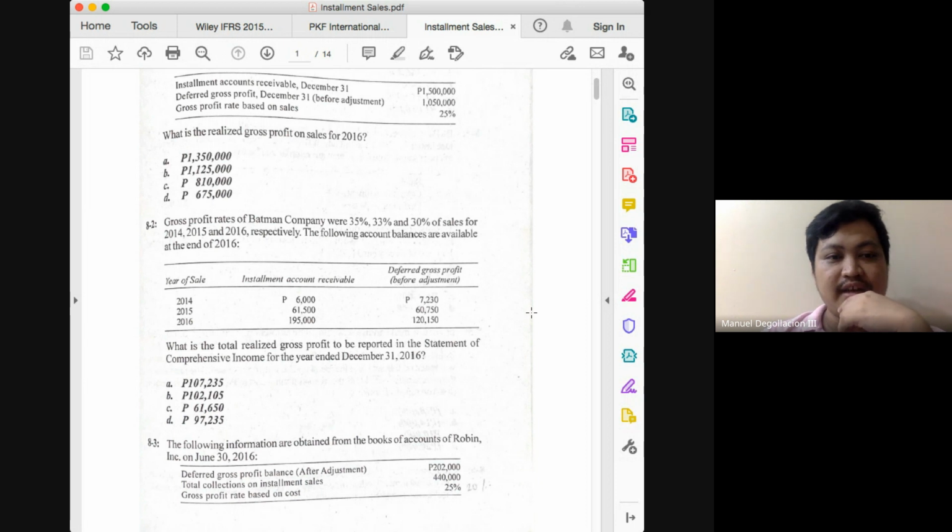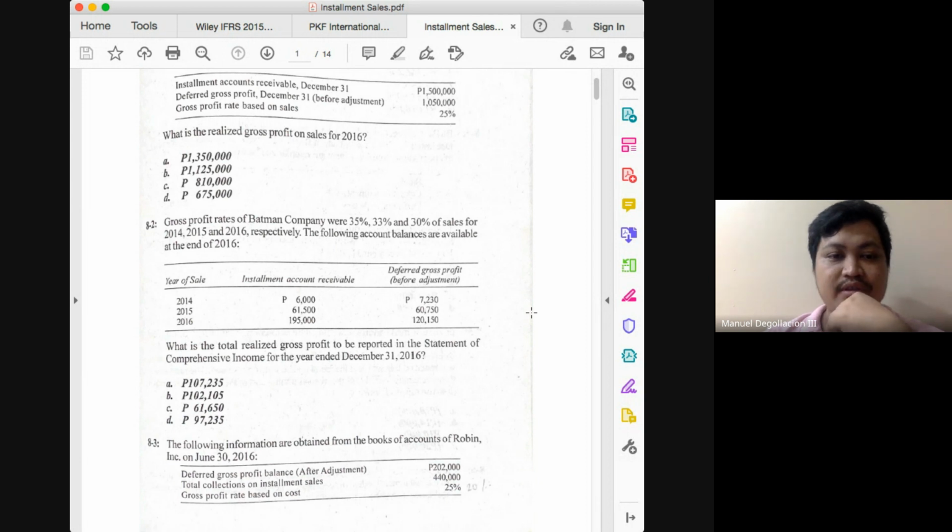And you just do the same procedure for 2015 and 2016. Okay, the DGP before adjustment is 60,750. And then the ending installment receivable for your 2015 transactions is 61,500. And the markup rate for the 2015 transactions is 33%. So you multiply 61,500 by 33%, you will get 20,295.